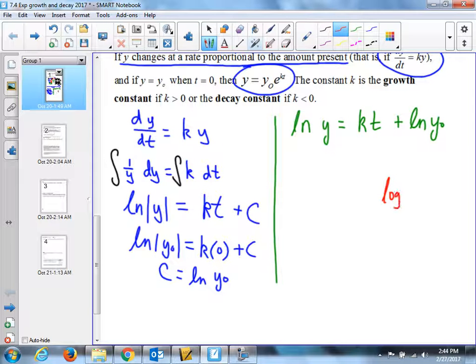Log base 10 of 1,000 is equal to what? Like this is red, it's not to do with e's or anything. What's the answer here? 3. 10 to the what gives me 1,000? 10 to the 3 gives me 1,000.